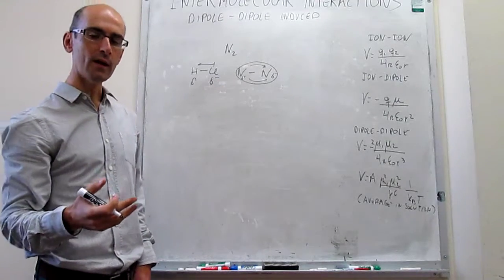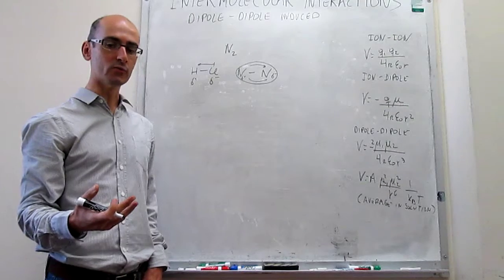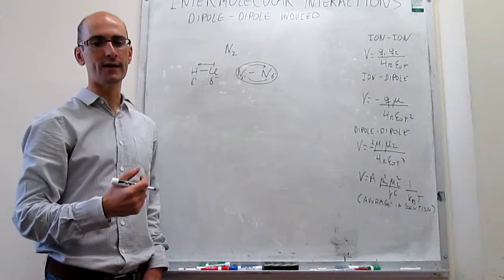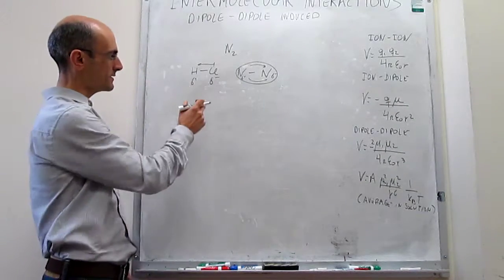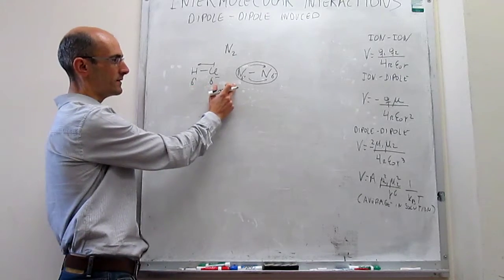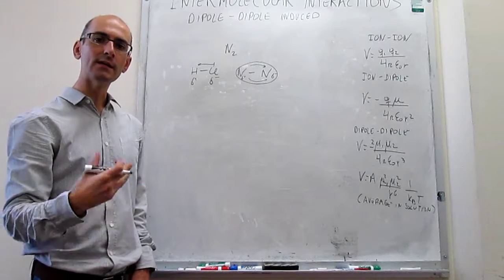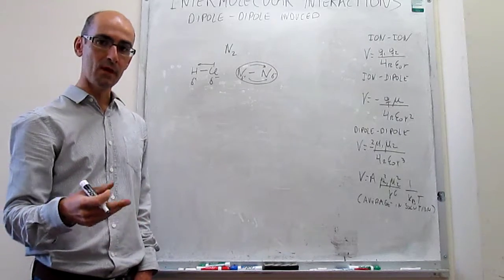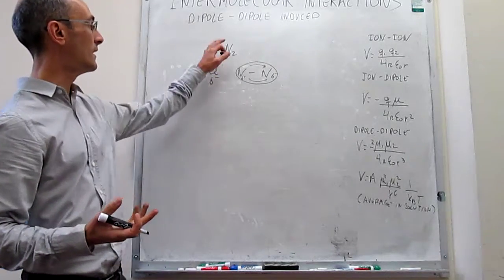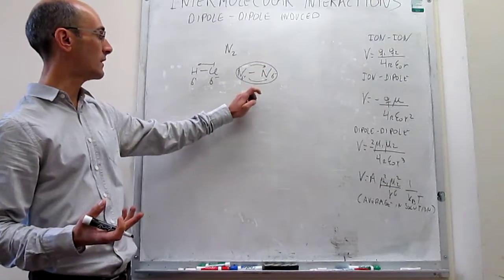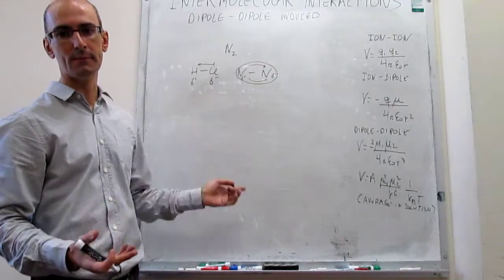So N2 in general would not have this temporary dipole moment. The presence of a dipole moment near it might induce the temporary dipole moment that can facilitate an attraction. That is the concept of an induced dipole, caused by the presence of a dipole moment.